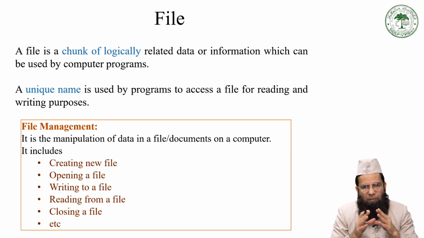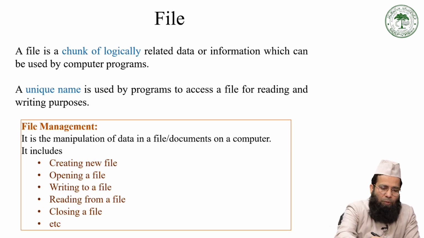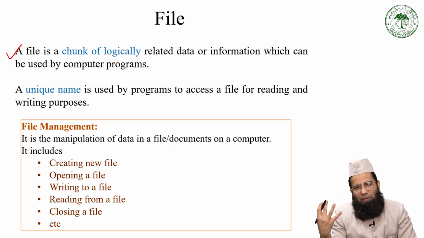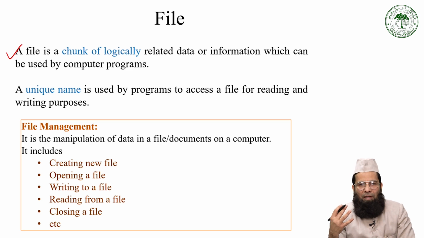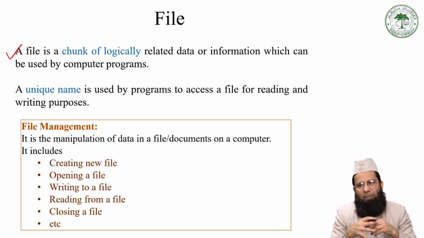What is a file? A file is a chunk of logically related data or information which can be used by a computer program. Usually a file resides on durable storage. Durable means that the data is persistent, as we discussed.